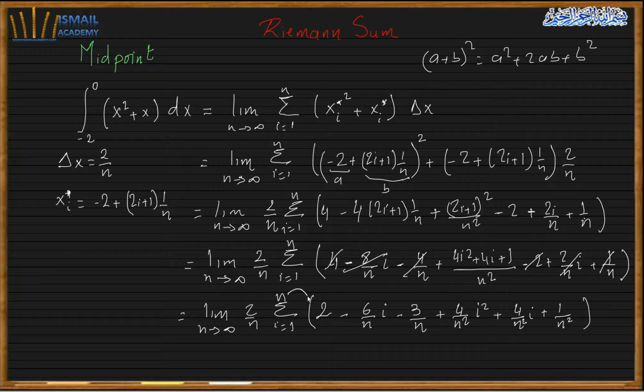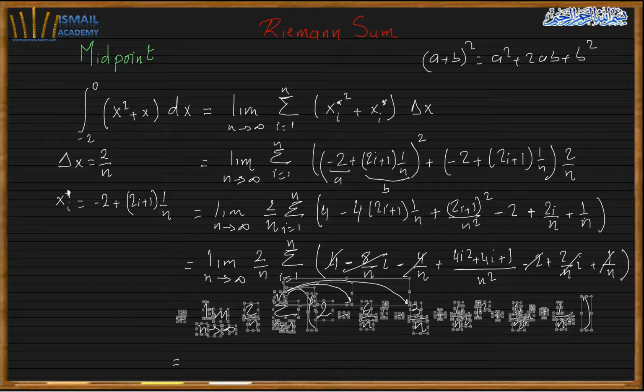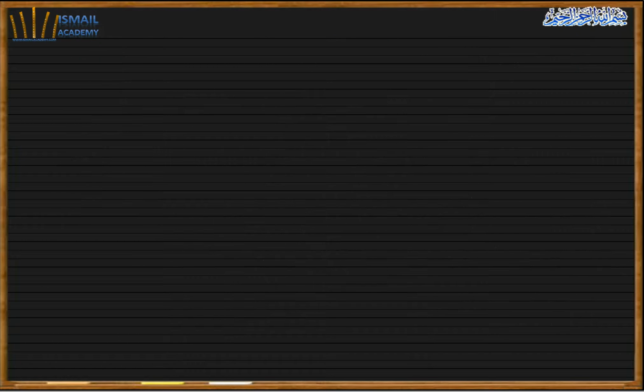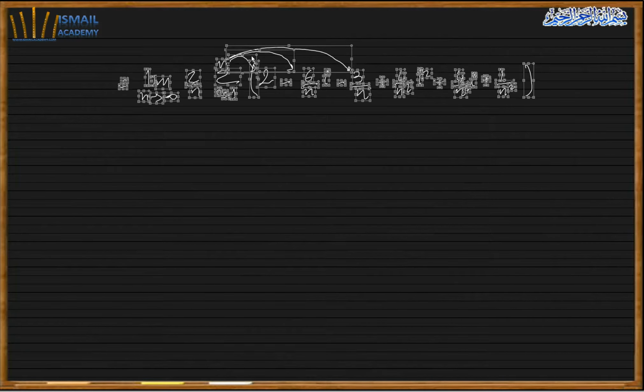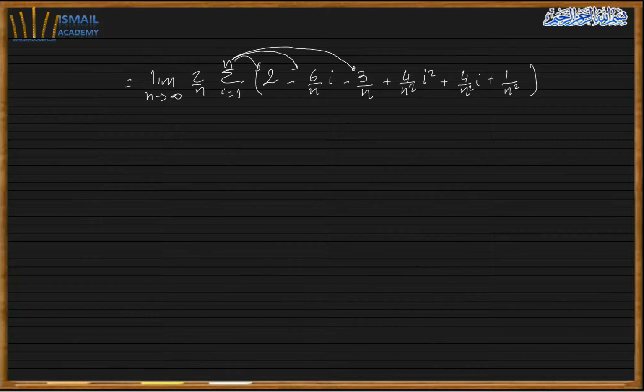So now what I do, I distribute the sum to each term. So this is what I'm going to do now. Let me copy it and put it on the other board. So this is my limit, and here is minus 2 integral from 0 to 2 of x squared plus x dx.